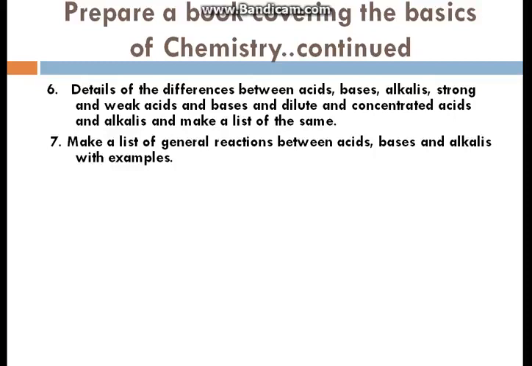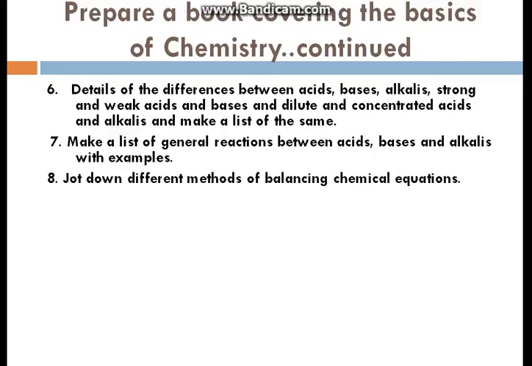So it is very important that kids are able to remember the general equations. For example, whenever an acid reacts with an alkali, the product is salt and water. Or when a metal reacts with an acid, the product is salt and hydrogen. So these are examples of general reactions. Children should also know the examples of different kinds of acids, bases, and alkalis.